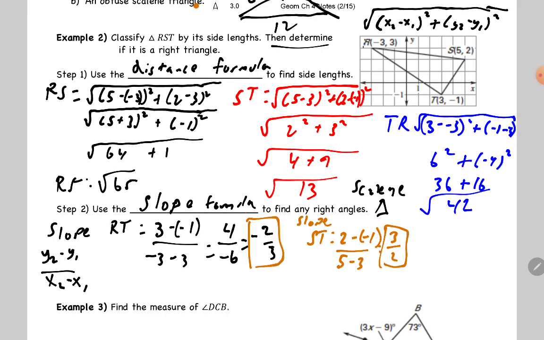If it's positive, it becomes negative. So since they're flipped and they're opposite, that means they're perpendicular. So RT is perpendicular to ST. So yes, it's a right triangle.